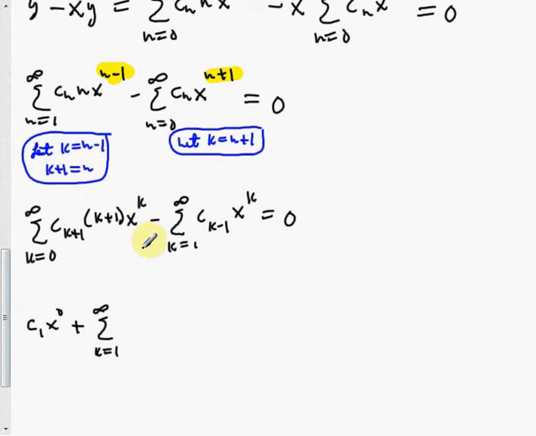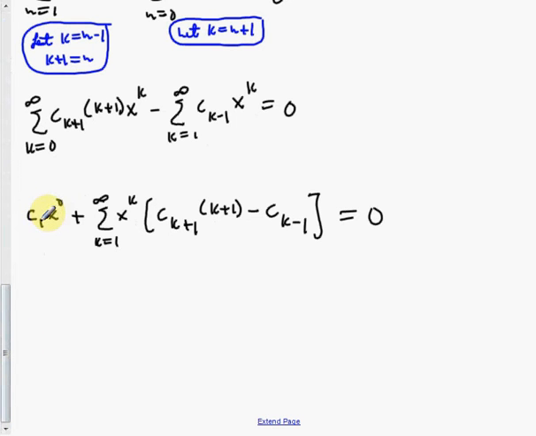So now everything starts at k equals 1, and now I can factor out x to the k. What I have on the inside, just one summation, is c sub k plus 1 times k plus 1 minus c sub k minus 1. Close that up. That's equal to 0.